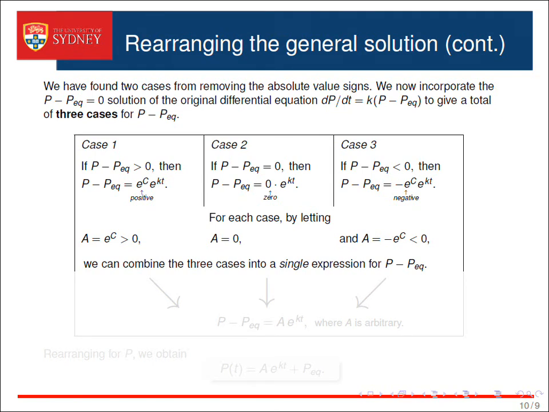We can now combine these three formulae into one equation. We can do this by calling the coefficient of e to the kt a constant A for each of these cases. For case 1, we set A equal to e to the c, which is positive. For case 2, A equals 0, and for case 3, A equals negative e to the c, which is negative.